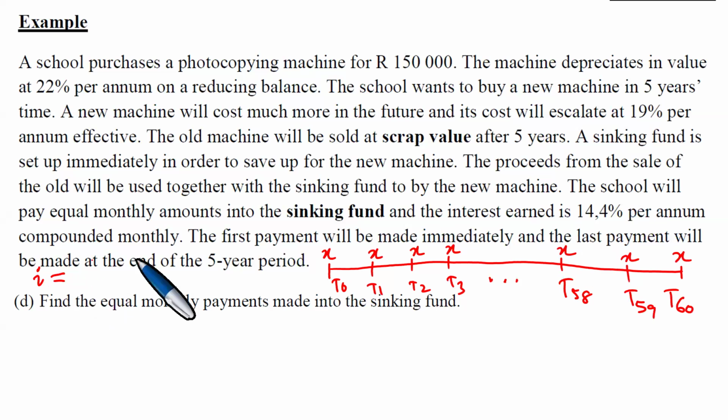Now, the school will pay equal monthly amounts into the sinking fund, and the interest rate is 14.4% per annum compounded monthly.